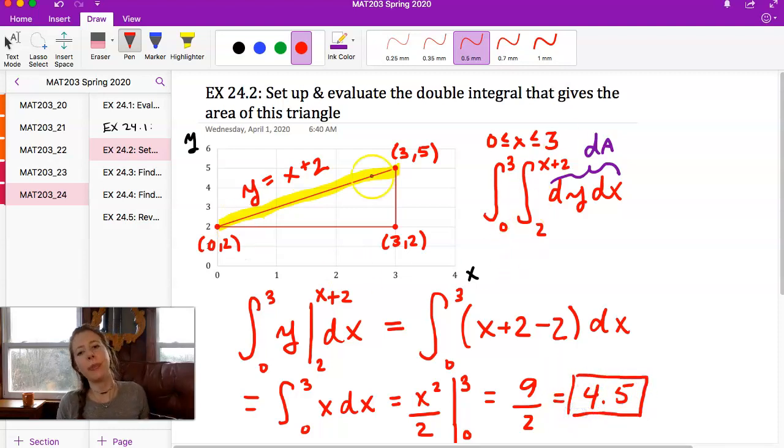So let's just take a step back and look at this to make sure our answer makes sense. So for x, we're going from 0 to 3, so that is a length of 3. And for y, we're going from 2 to x plus 2, or one example would be 2 to 5, so that's another length of 3. And so remember that the area of a triangle is 1/2 base times height.